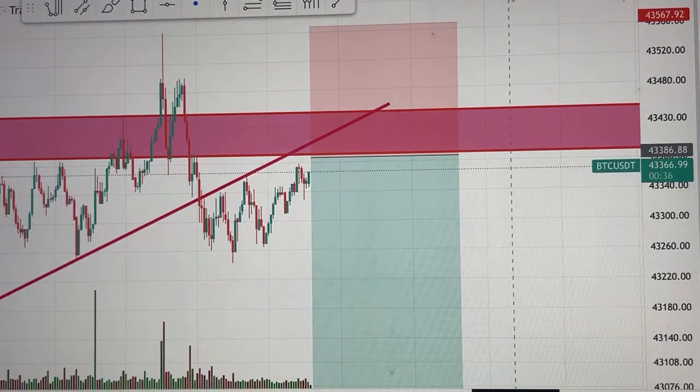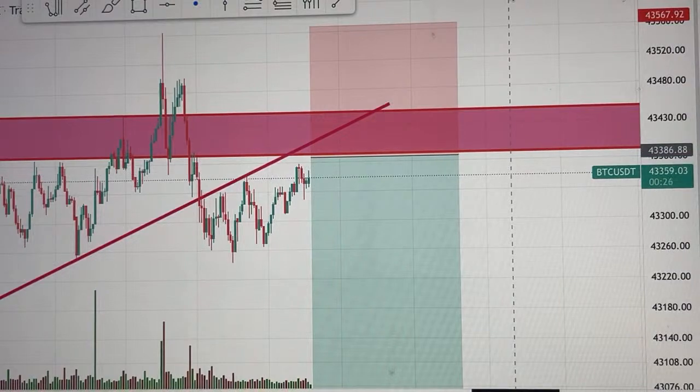If market falls down, Doge can get higher. Can Doge get higher levels? I don't think so. You know, cryptocurrency market is extremely correlated.